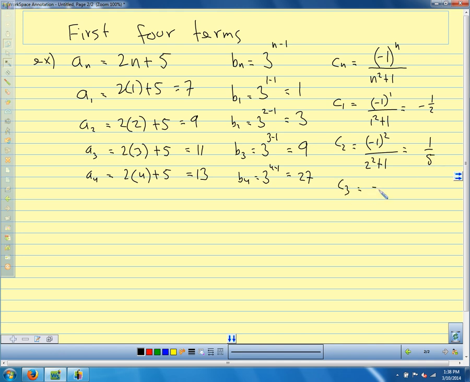C sub 3, minus 1 to the third, so we'll get a negative sign again, over 3 squared plus 1, which is negative 1/10. And C sub 4, we'll get our positive term again, negative 1 to the fourth over 4 squared plus 1, which is going to be positive 1/17. So those would be the first 4 terms of that sequence.